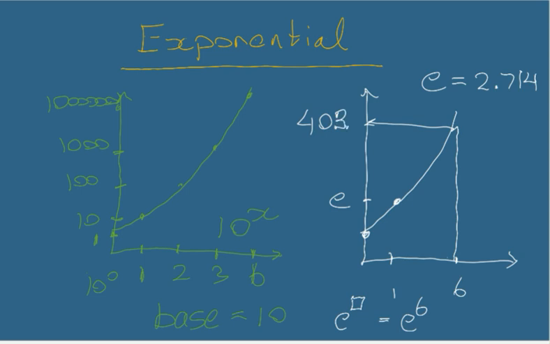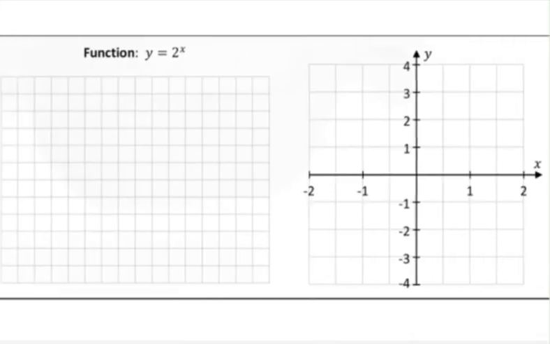Okay, so it goes up really fast. Not as fast as 10 to the power of x, but it does go up, and that's the natural recurring number, and we call it exponential growth. Okay, so I hope that makes sense.